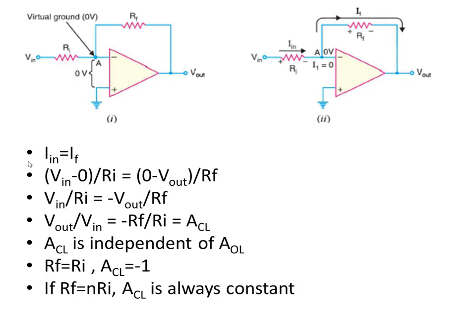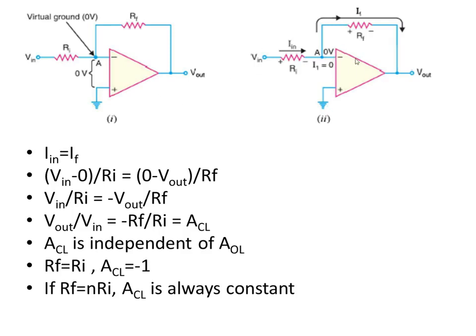Now we have to write the equation for current. What is current from Ohm's law? Voltage by resistance. First, I input is the current flowing through Ri. The left terminal of the resistance is connected to Vin and the right terminal is connected to the negative terminal.